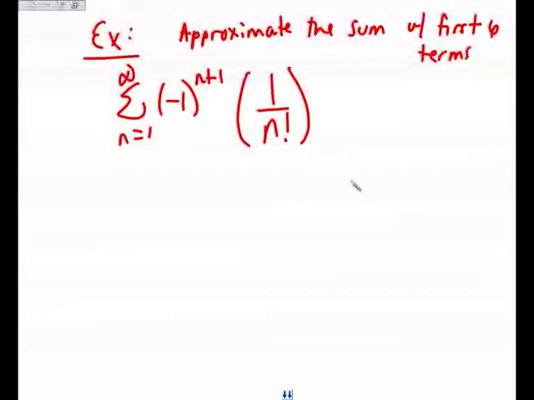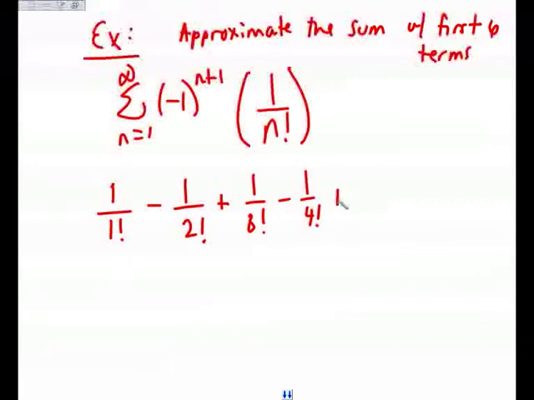Well, when n is equal to 1, we would end up with negative 1 squared, which is 1, over 1 factorial. And then when n is equal to 2, that's going to be negative 1 over 2 factorial plus 1 over 3 factorial minus 1 over 4 factorial plus 1 over 5 factorial minus 1 over 6 factorial.